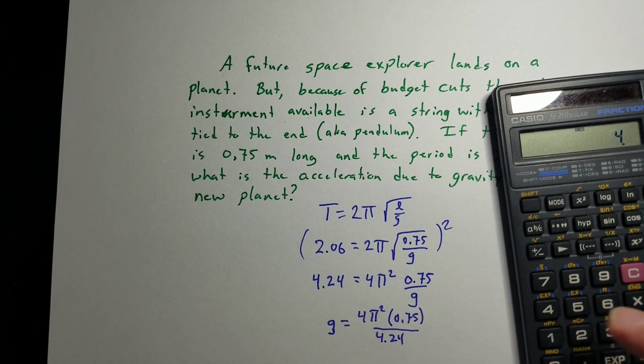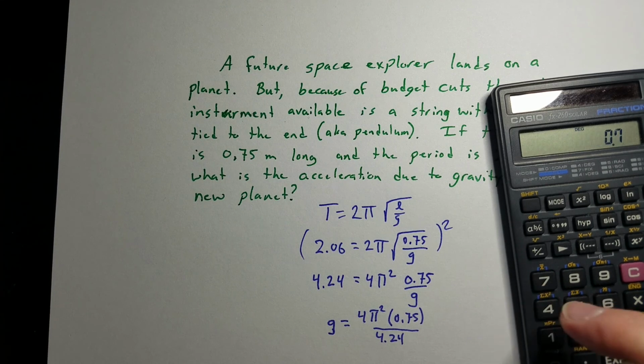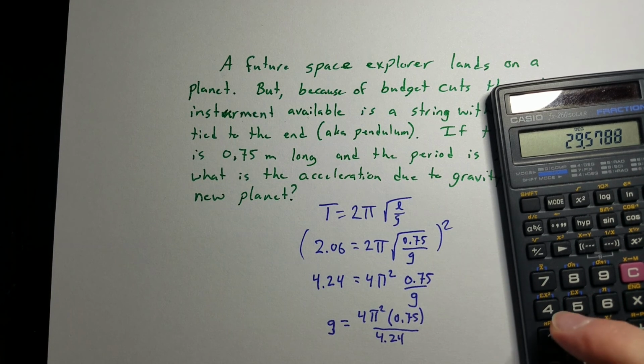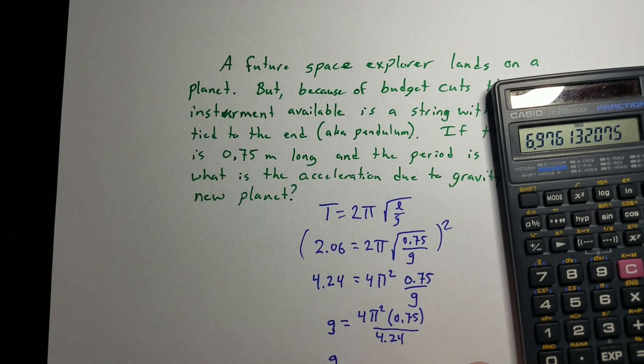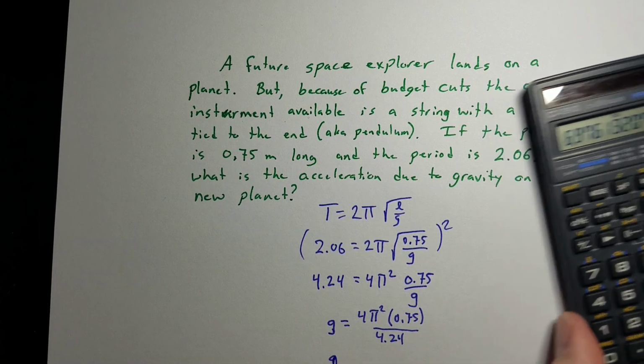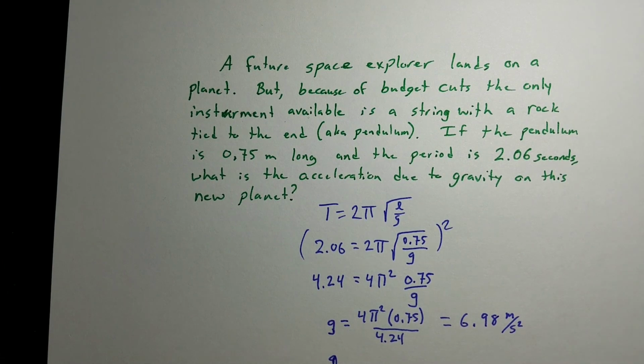And what we get is that gravity on this new planet is equal to about 6.9, let's call it 7 meters per second squared. So we can figure out the acceleration due to gravity on some other body.